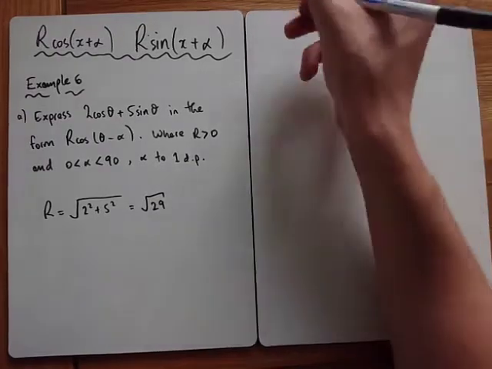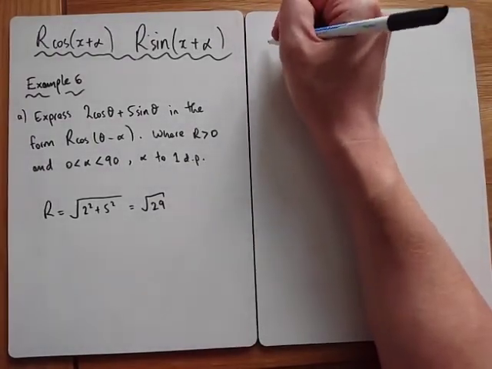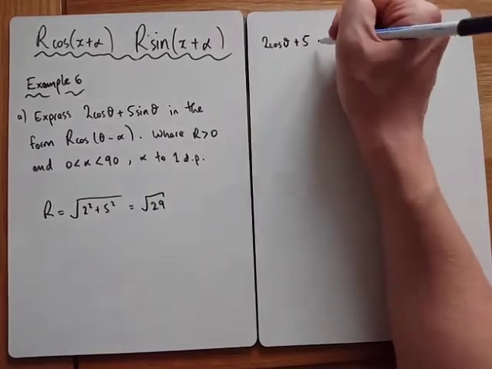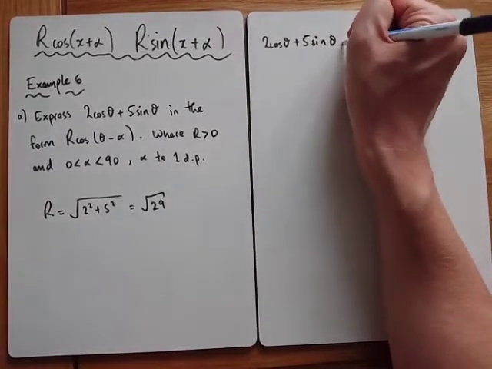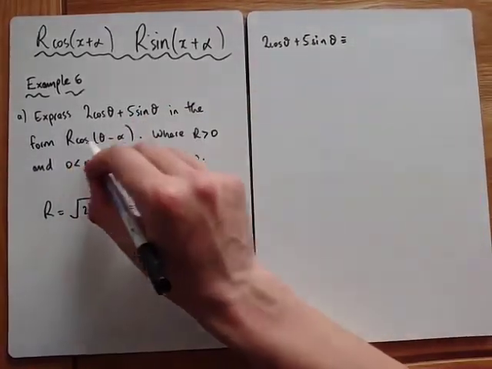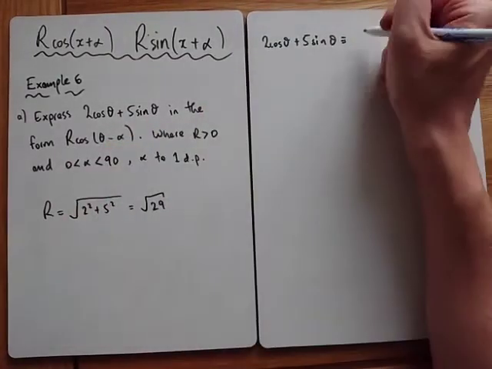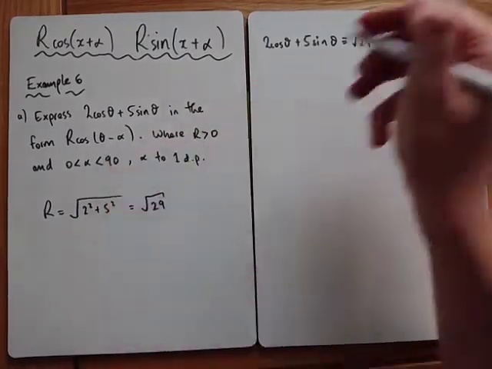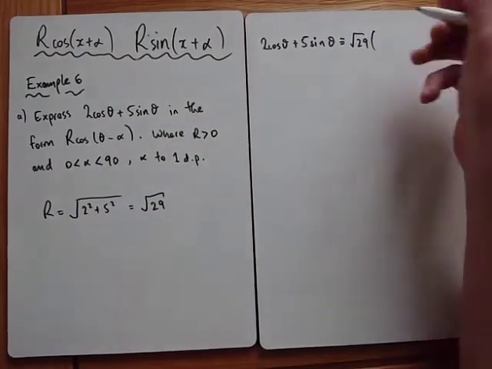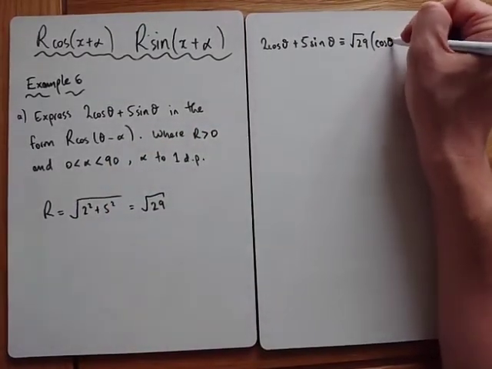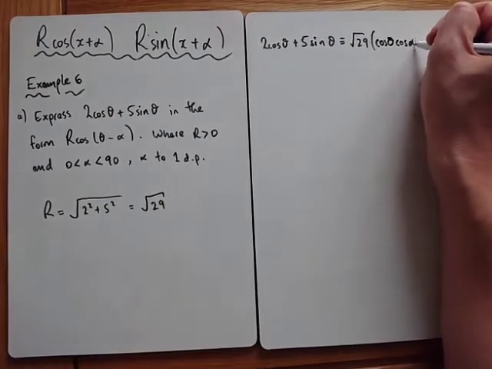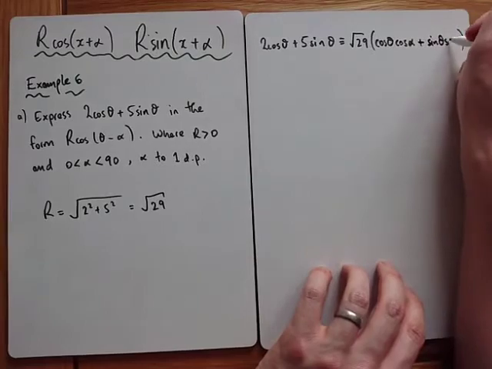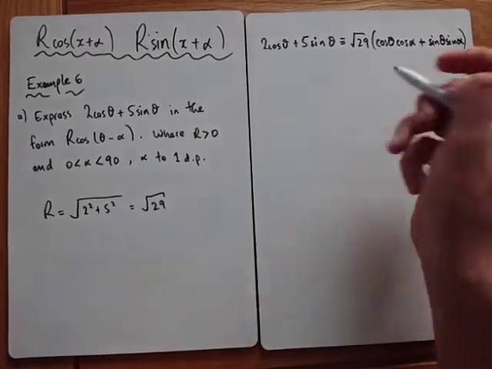And then we could write 2 cos theta plus 5 sin theta. We know that's going to be the same as this form that we're trying to get it to. So root 29 cos theta minus alpha. So if we use the identity, that'd be cos theta cos alpha plus sin theta sin alpha.